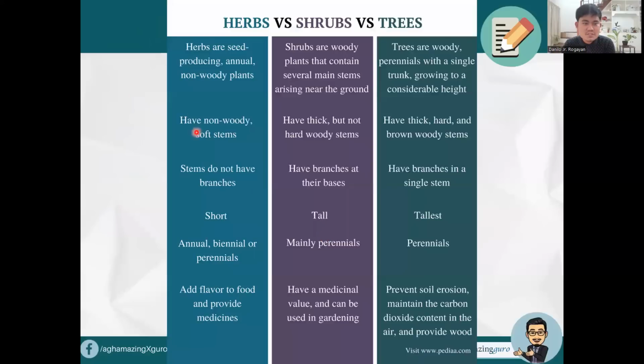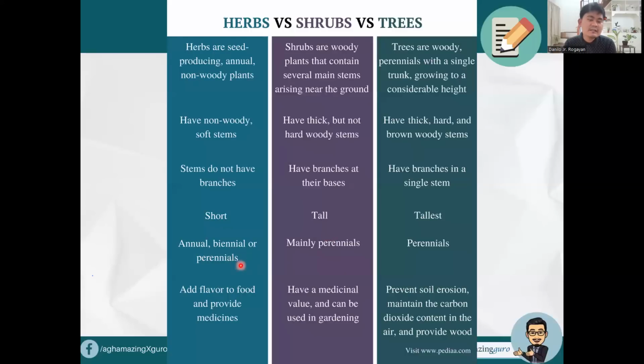So, herbs are seed-producing annual non-woody plants. So, non-woody and soft stem sila as compared to the shrubs with hard woody stem. Okay? The same naman din yung stem or bark, no, thick, hard, brown woody stems. So these have branches in a single stem, have branches at their bases, short, tall, and then tallest.